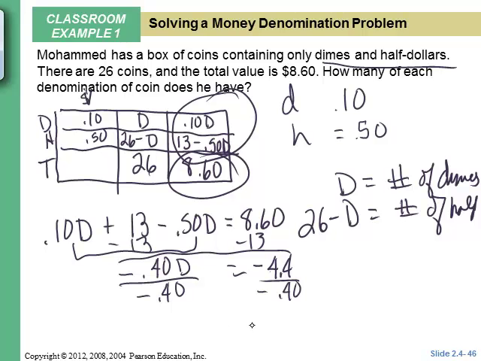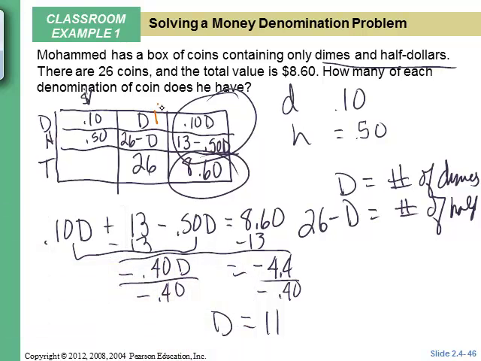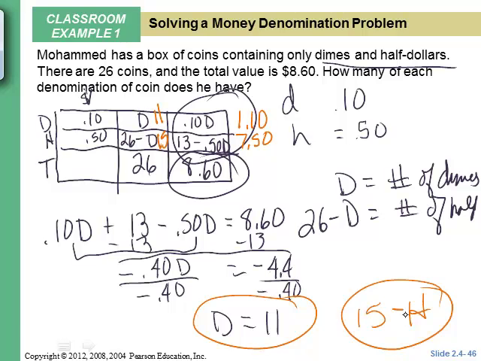And you get the dimes is 11, which means that the half dollars must be 15, because they have to add up to 26. This would be $1.10 worth of dimes and $7.50 worth of half dollars. Add those up, you get $8.60. So you have 11 dimes and 15 half dollars.